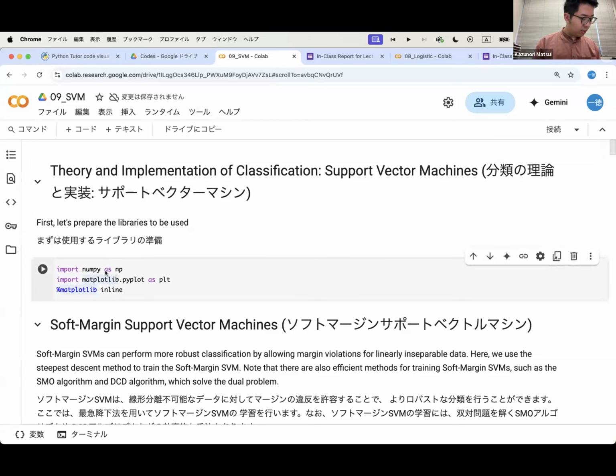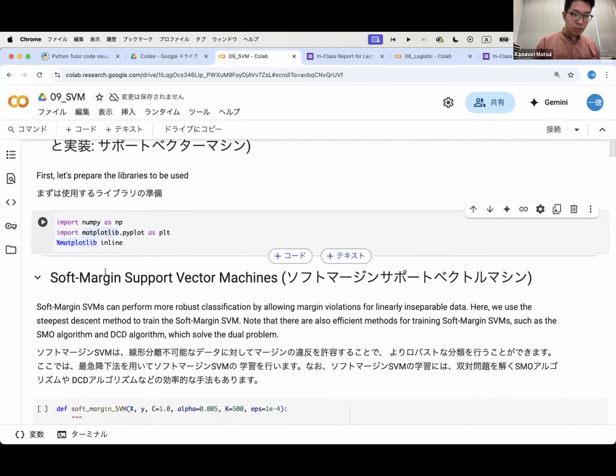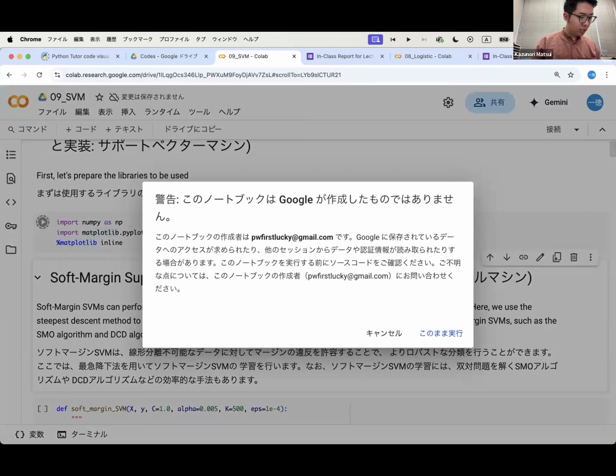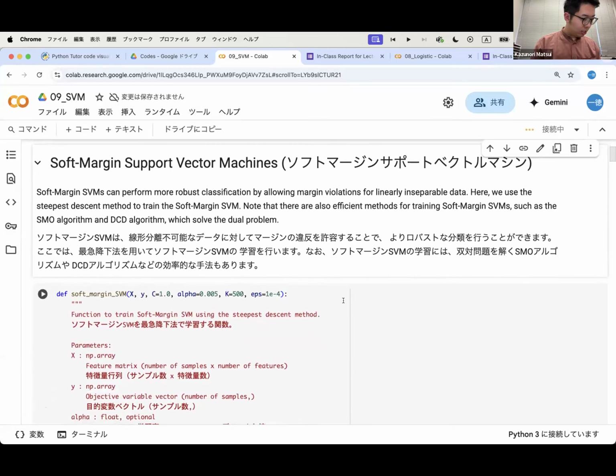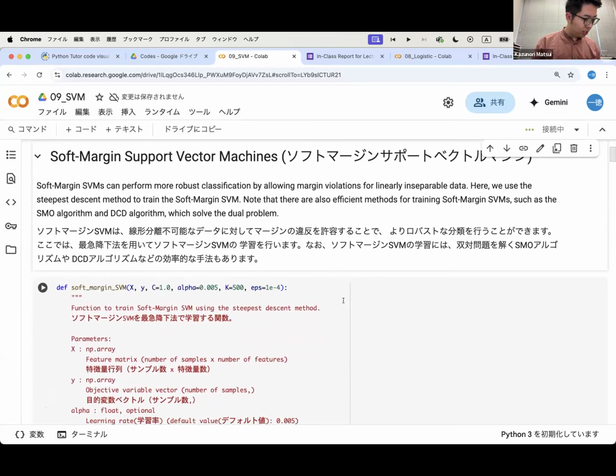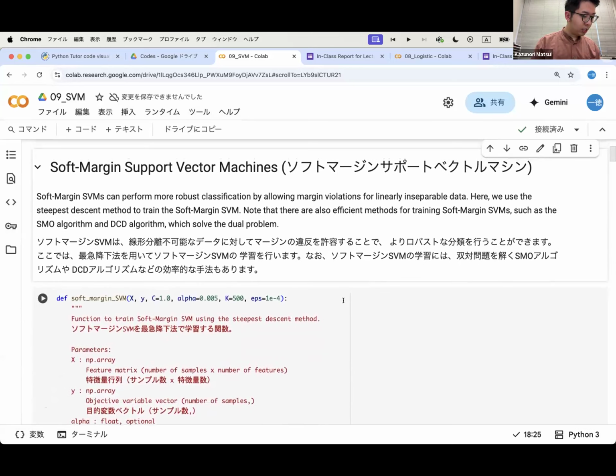Now let's talk about the implementation. First, as usual, we start with preparing the libraries. Since hard margin support vector machines are a bit complicated, we will work on the implementation of soft margin support vector machines.